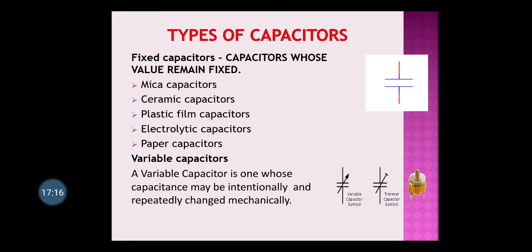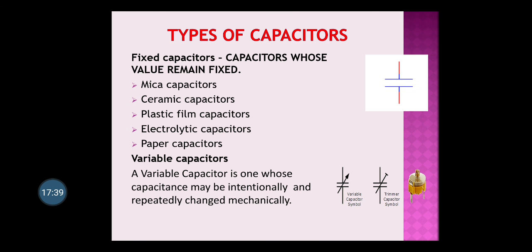It remains fixed. Once the value of the capacitor is 1.9 picofarad, it will be 1.9 picofarad only. In that you get mica capacitor, ceramic capacitor, plastic film, electrolytic capacitor, paper capacitor. These are the different forms of capacitors available in fixed form.